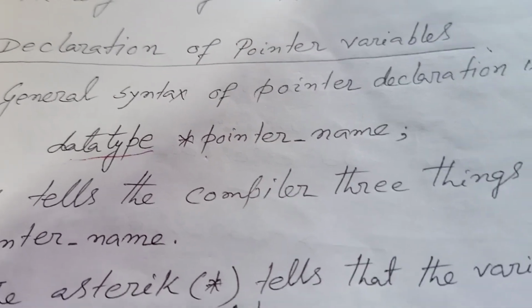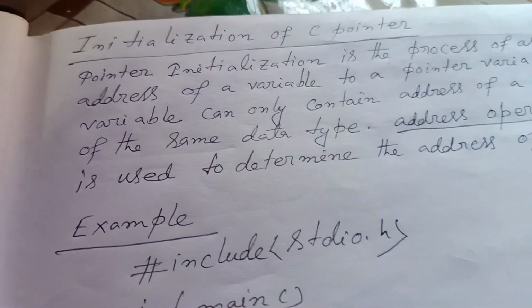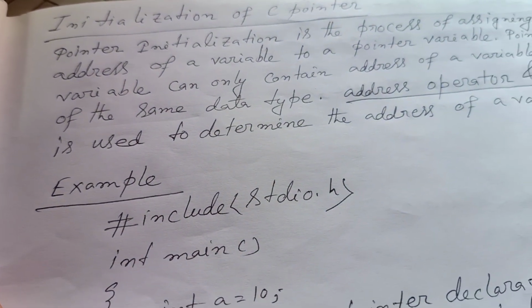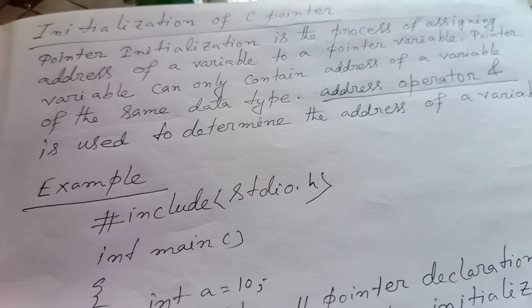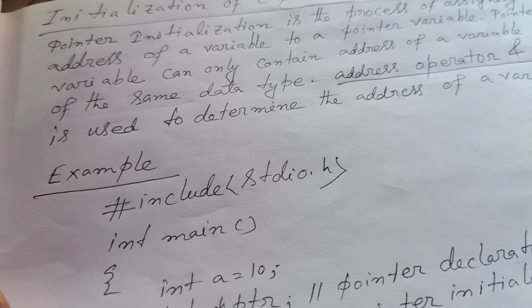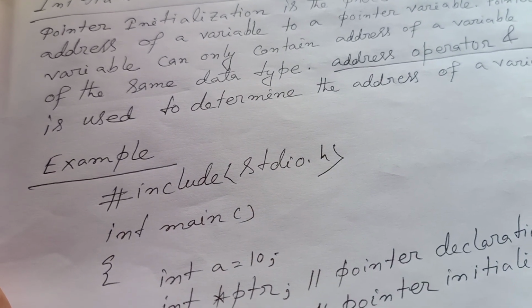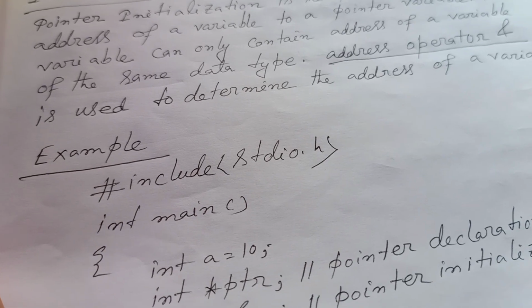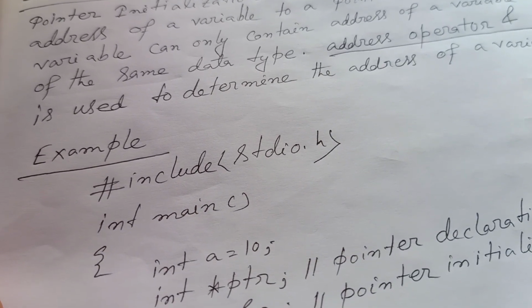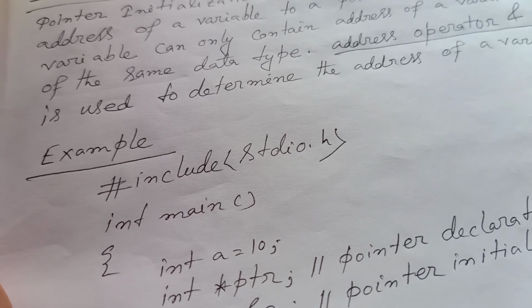Now let's take a look at the initialization of a C pointer. Pointer initialization is the process of assigning the address of a variable to a pointer variable. A pointer variable can only contain the address of a variable of the same data type.